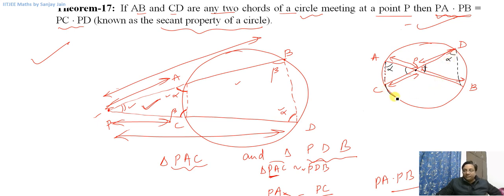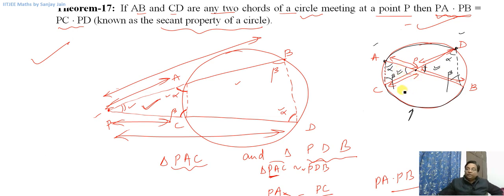Because this arc CB subtends angles at A and D, which are two points on the circumference of this circle in the same segment. So this arc CB is going to subtend the same angles at these two points. This is what we have studied already. Similarly, for this arc AD, this angle beta and this angle beta will also be equal. So these two triangles are also equiangular.